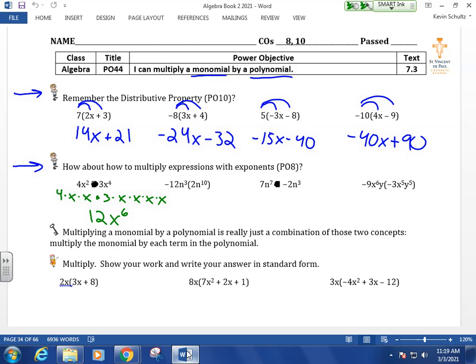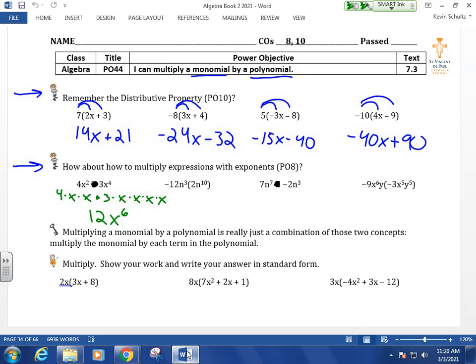So can anybody see the connection between our original and our answer? How did we get 12? How did we get 6? You got 12 by multiplying 4 times 3, and you got 6 by adding the 2 and 4. That's exactly it.